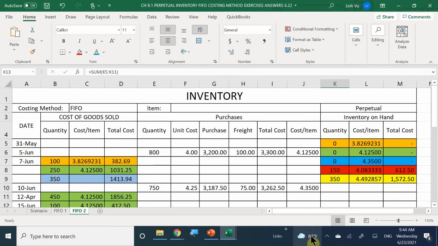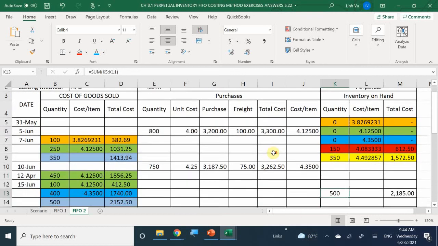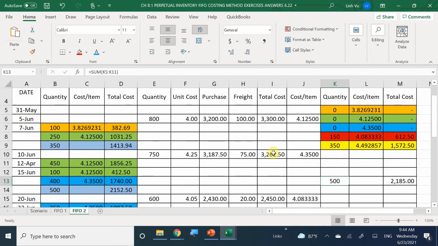So my question is, whether we use a perpetual or periodic, the outcome is the same, right, at the end of the day? Okay, so no, it's not going to be the same because here every time we're constantly purchasing.